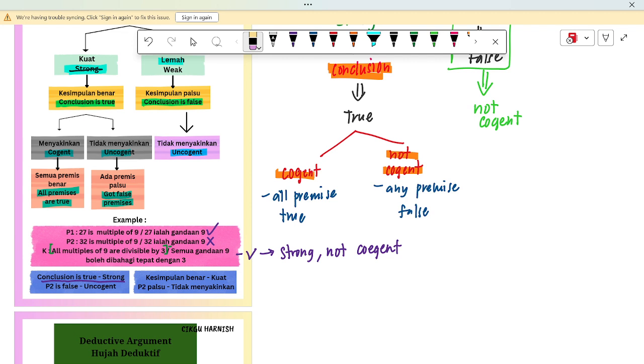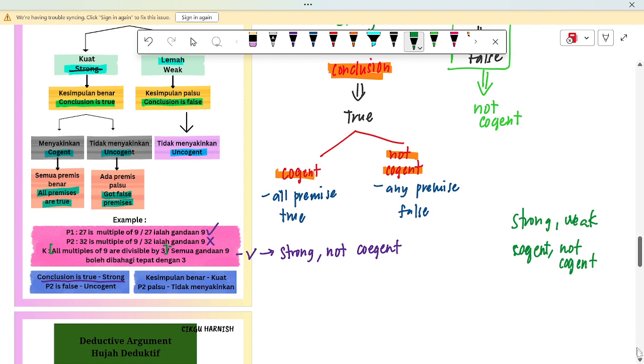So that is what you need to know for inductive argument: strong and weak, the first part, and the second part, cogent and not cogent. That's all you need to know for inductive argument.